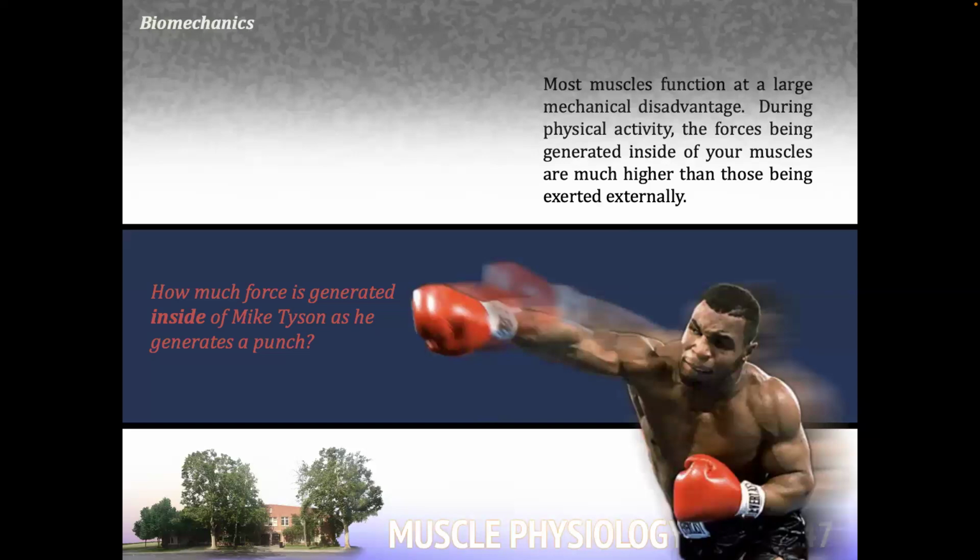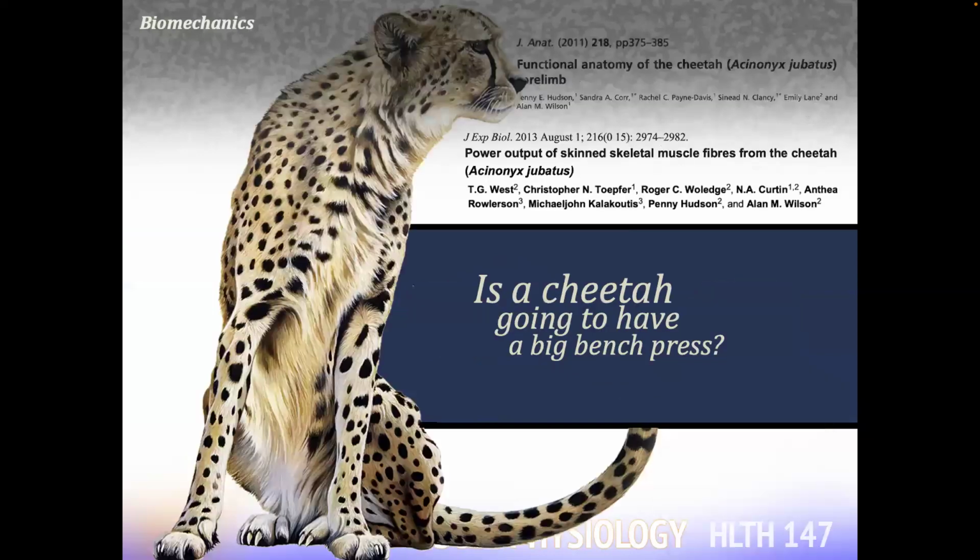This is the opposite for muscles that have a mechanical advantage. But most muscles have a large disadvantage, and that helps us with speed. But the internal forces generated are higher than would be expected to accomplish the work upon the external load.